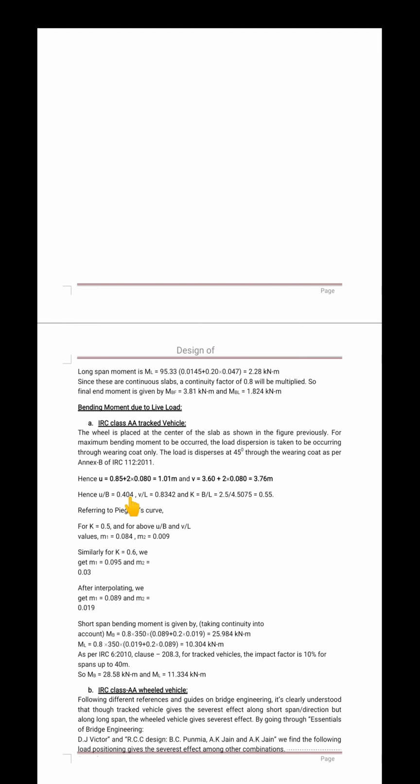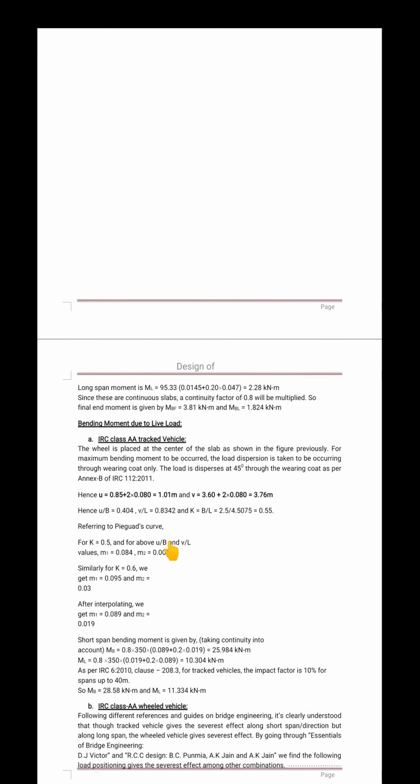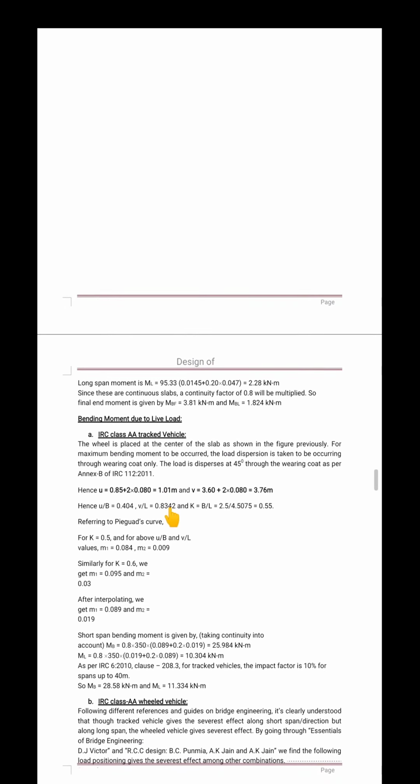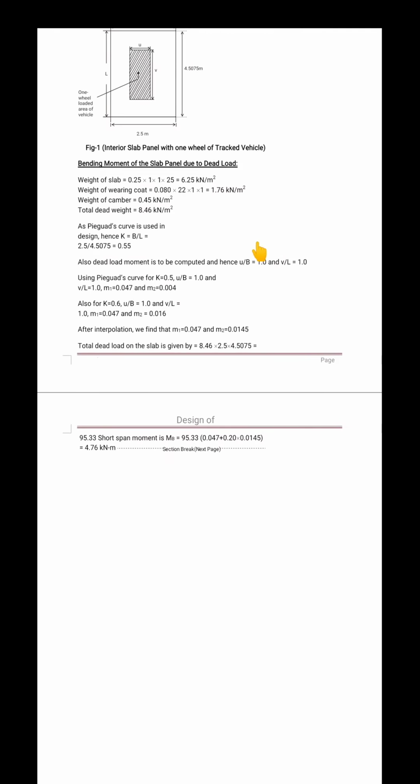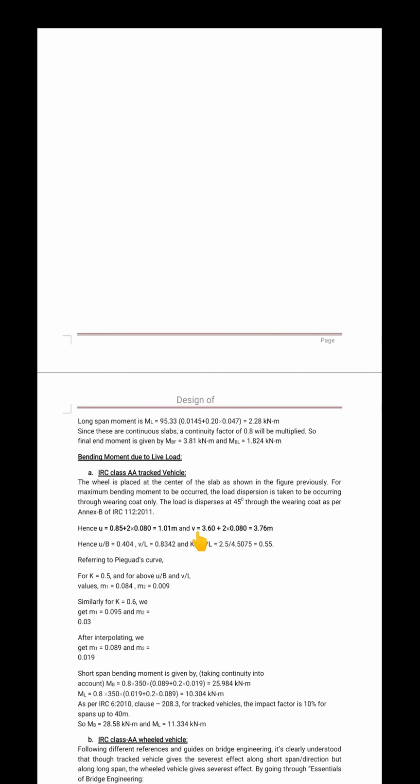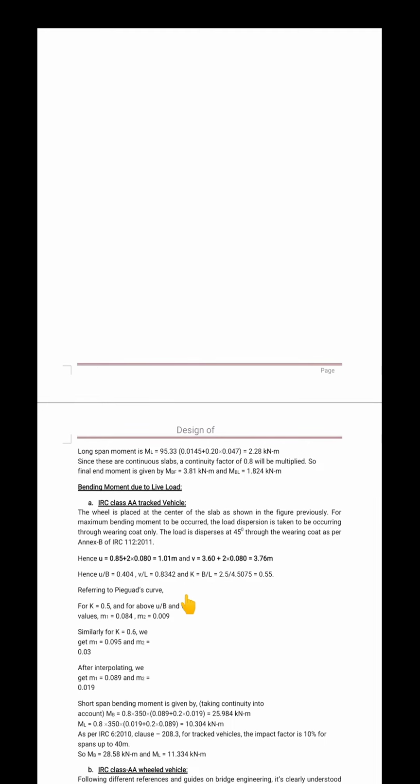So 1.01 divided by 2.5 will get 0.404, and v by l, v is 3.76, l is 4.5075. So here v by l is equal to 0.8342. u by b is equal to 0.404, v by l we got 0.8342.